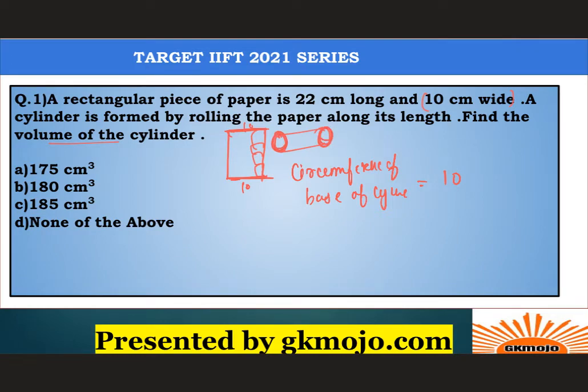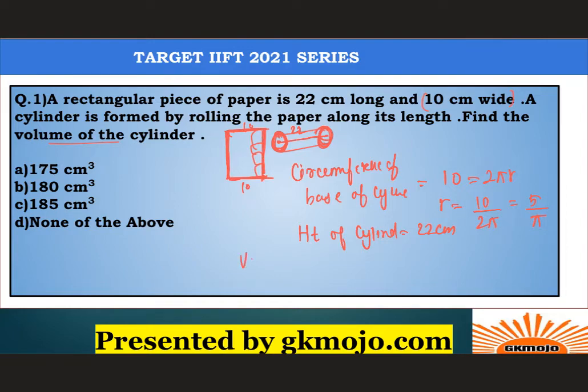But we also know the circumference of a circle is 2 pi r. From here we can find out r is equal to 10 by 2 pi, or 5 by pi. Now the height of the cylinder will be how much? As simple as that, 22 centimeter. This complete length will be the height, because it does not change, it remains the same.